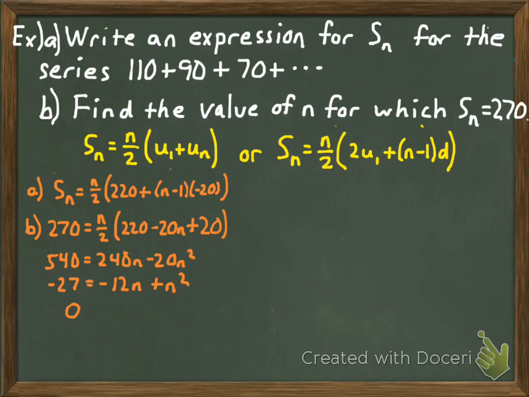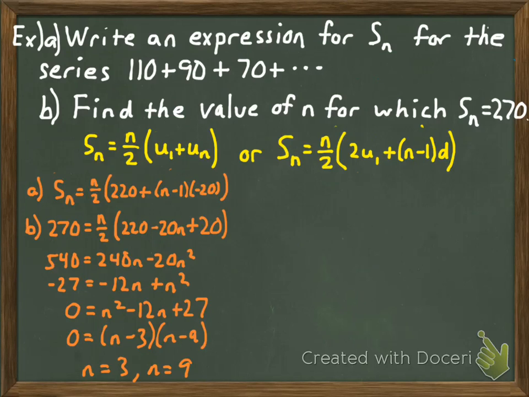And then we'll set that equal to 0 and solve. 0 equals n squared minus 12n plus 27. And this is a factorable expression, which is kind of nice. We were expecting to get integer answers, so it makes sense that this is factorable. n minus 3 times n minus 9 would be the factored form, which means we're going to get two answers here, which is really interesting, actually. n equals 3 and n equals 9.